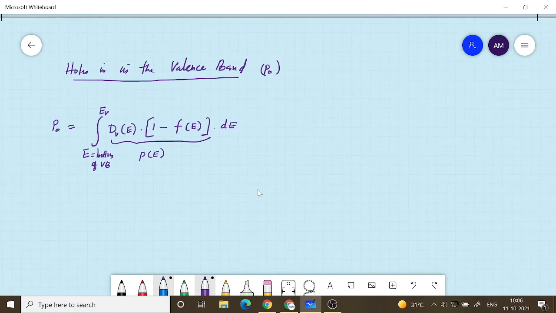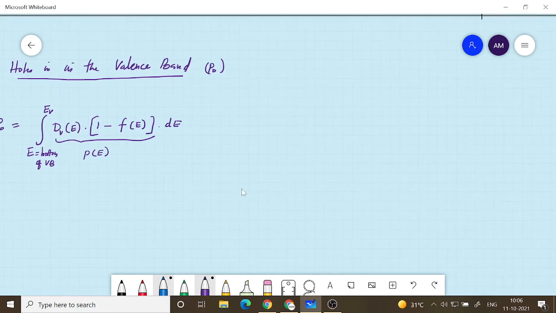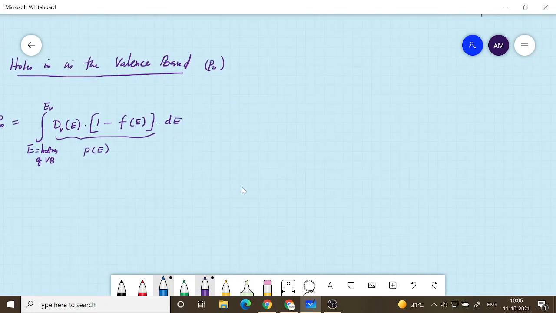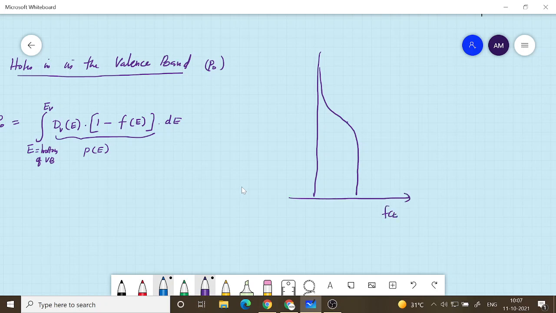So earlier we plotted f of E, so let me plot that again. So f of E is something like this. It is equal to 1 here, 0 here, and there is some point where it is half, and that is what we call EF, or the Fermi energy level.